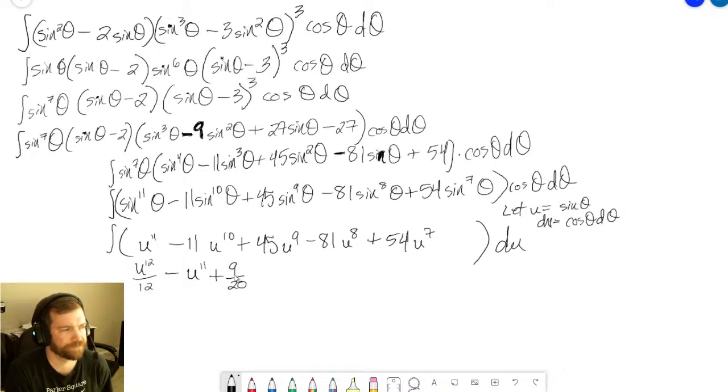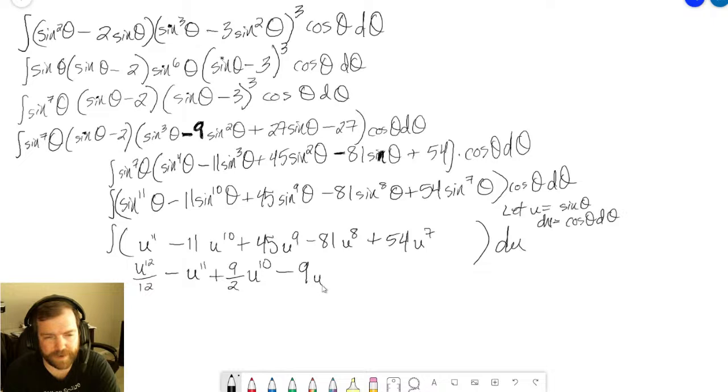Wait. Hang on. No, 45 over 10, which is 4.5, which is 9 over 2. Okay, much better. u to the 10th minus, this is going to become a 9, so we're going to take a 9 out of 81.